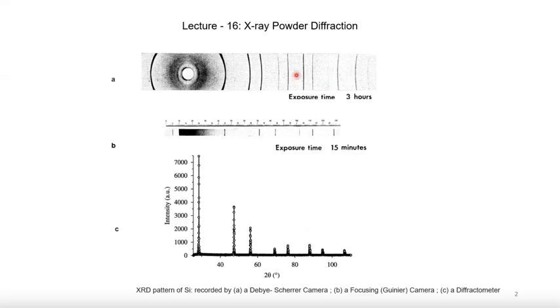A is a sample from the Debye-Scherrer camera, where the exposure time is 3 hours for the same sample. We took silicon as the sample, a powder silicon sample. B is the linear focusing camera's data, and C is that same sample taken in the diffractometer.